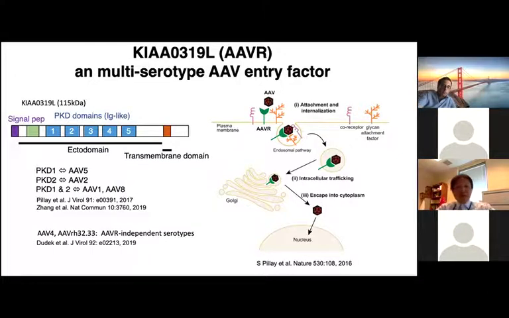And I'll just go back to the idea of how we can utilize this to enhance gene therapy. There are several papers published on how we can utilize this knowledge, and one paper from a Korean group was really interesting. They utilized biomaterials coated with this AAVR, mixed that with AAV, and injected that intramuscularly.